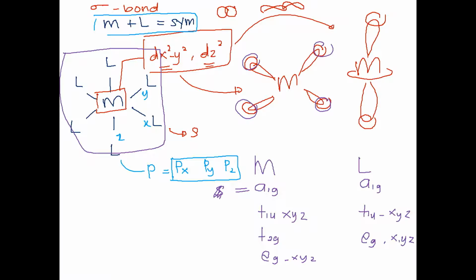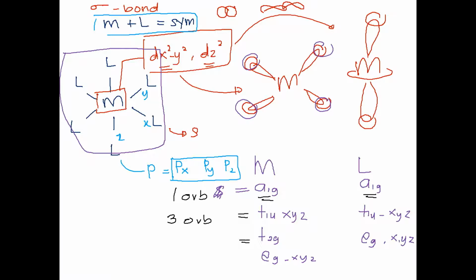So from here, if you look here, how many orbitals can be formed? For A1G, you can have 1 orbital. For T1U, you can have 3 orbitals.